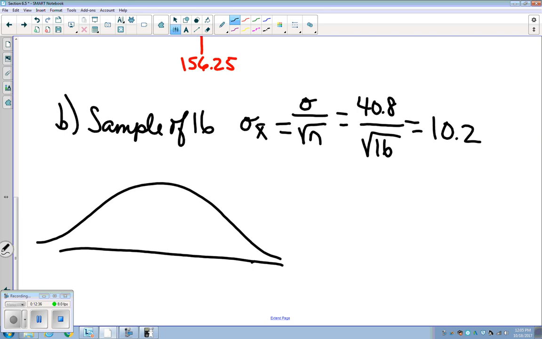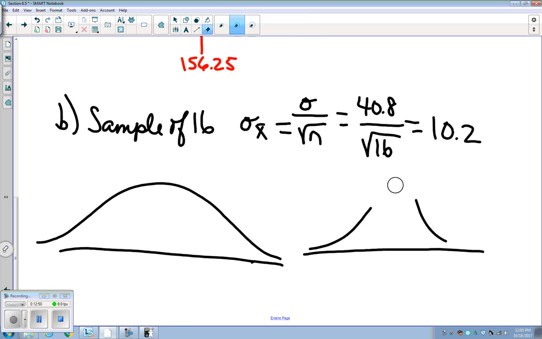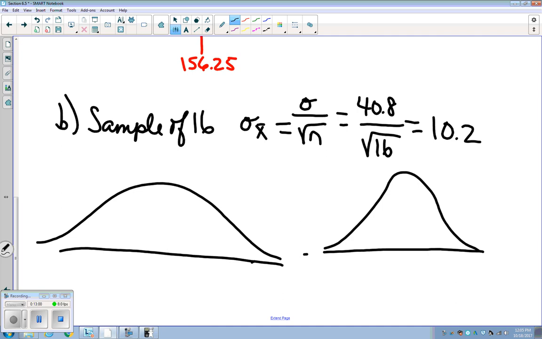When I change it because I'm taking a sample, central limit theorem, my standard deviation is now a lot smaller. So if I use the same scale, I'm going to have something more like this. I should still make it symmetrical. So I've taken this and squished it in. The reason I'm allowed to do that is because of the central limit theorem, because I'm taking samples and not one individual. Okay?